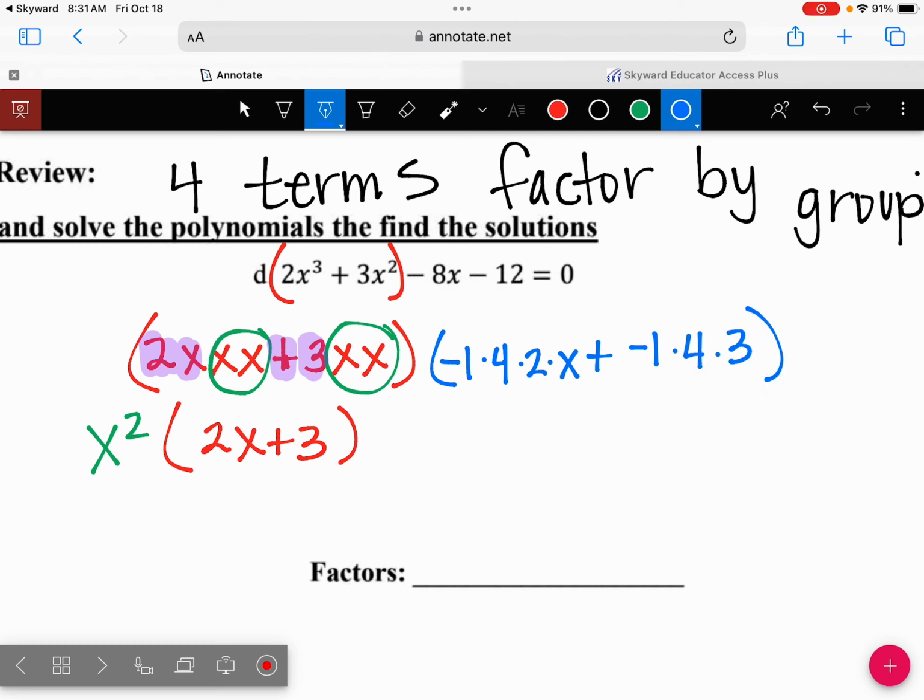So what they both have, again, this is only when both terms are negative, we know that we can take out a negative 1. And what else can we take out of both of them? A 4. So the GCF I'm taking out would be negative 1 times 4, which is negative 4.